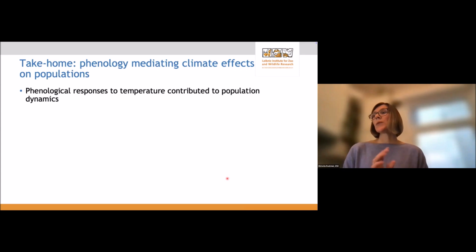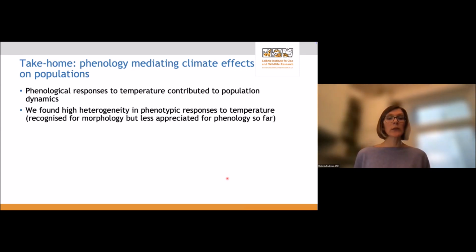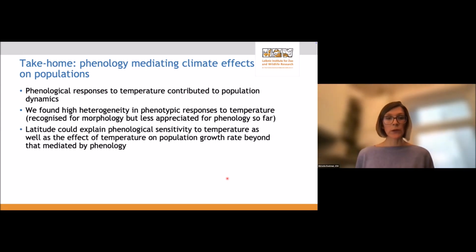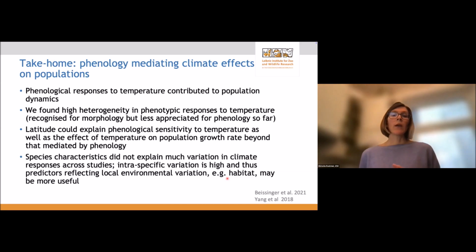And so to conclude, phenological responses to temperature contributed to population dynamics. We found high heterogeneity in phenological responses to temperature. Latitude could explain phenological sensitivity to temperature and also the effect of temperature on population growth rate beyond the one mediated by phenology.